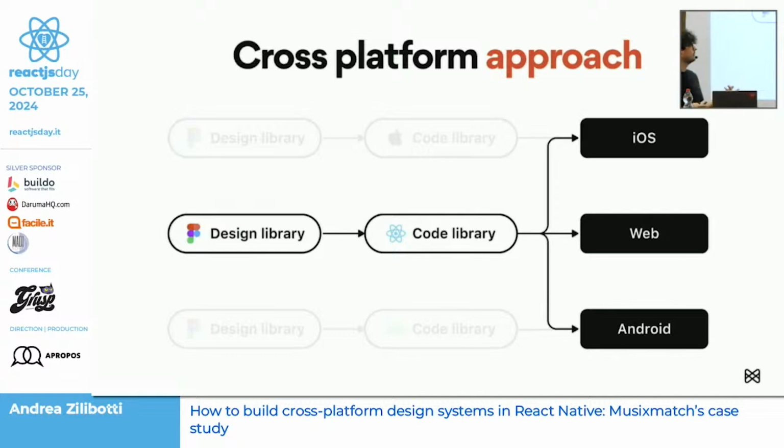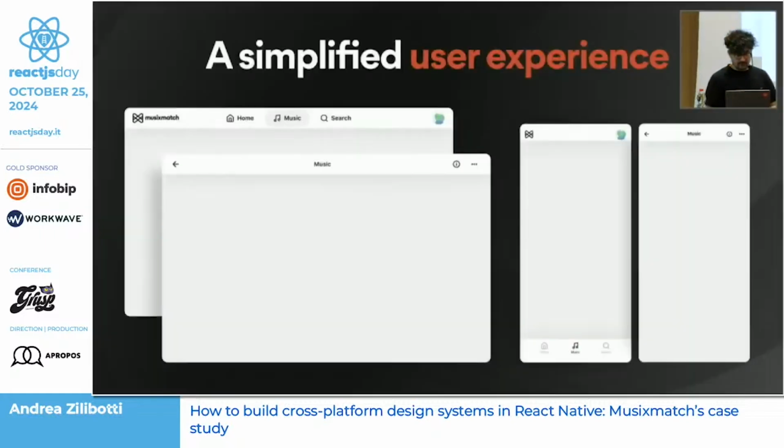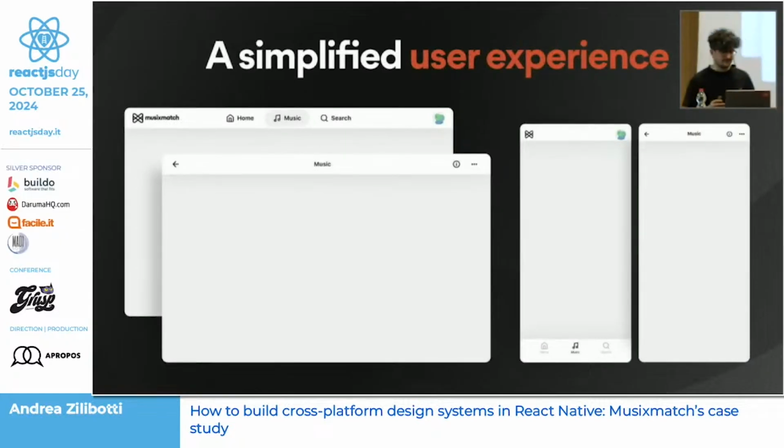With multi-platform approach, we identify systems that have different code bases, one for each platform, okay? While our cross-platform approach requires only one. Of course, one of the pros is that it's easier for us to manage this.